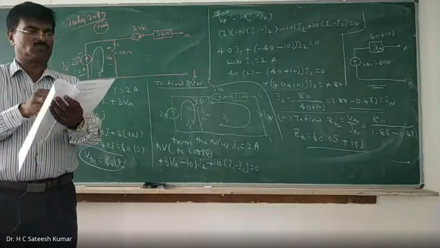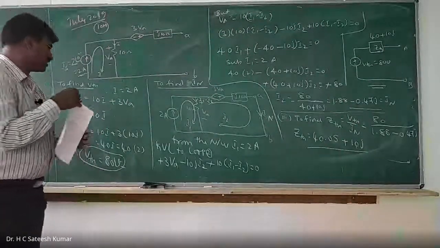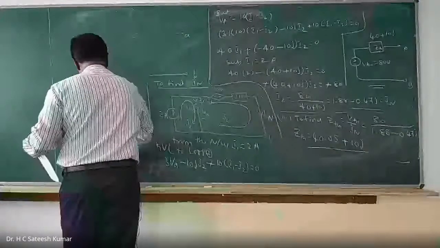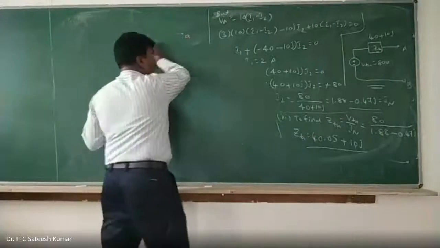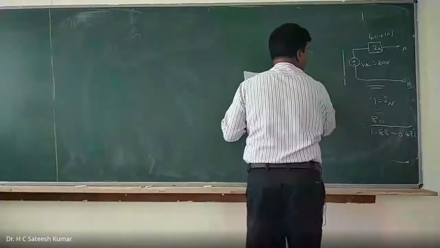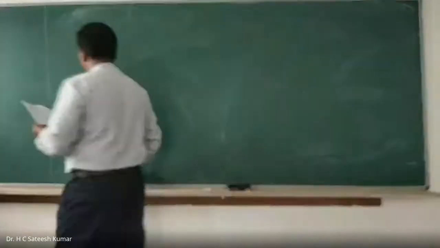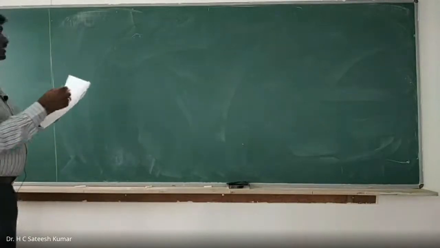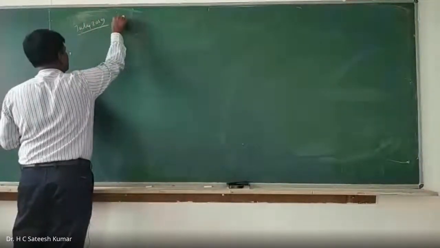Okay, right. One more problem from the same paper, July 2019, for 10 marks. This is very interesting, it looks like. Now, this is a 10 marks question from July 2019, once again from the same paper.